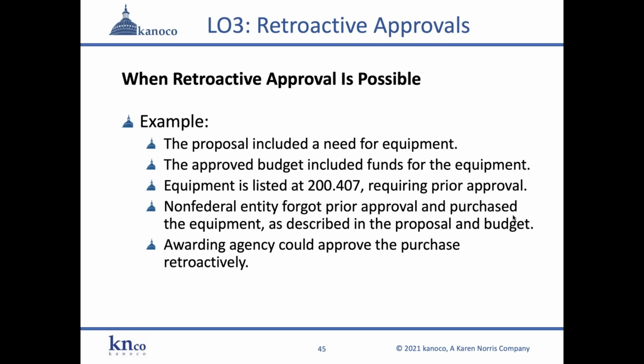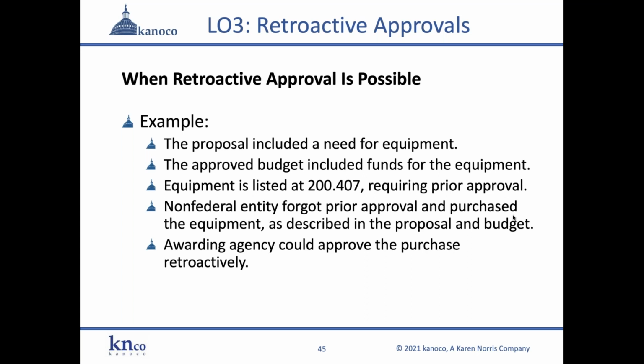If it's already in the budget, you would think you wouldn't need it, but it gives federal awarding agencies a safety net to make sure the non-federal entity is making wise choices in purchasing equipment. Let's say they're allowed to have a vehicle for this particular grant program.